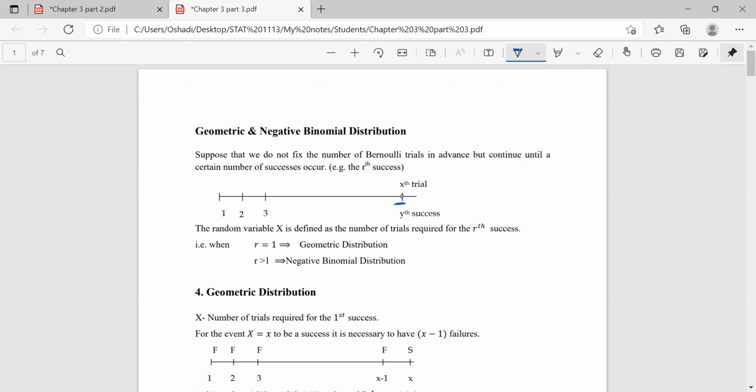The random variable x is defined as the number of trials required for r successes. So when r equals 1, it is called the geometric distribution, and when r is greater than 1, it is the negative binomial distribution, right?